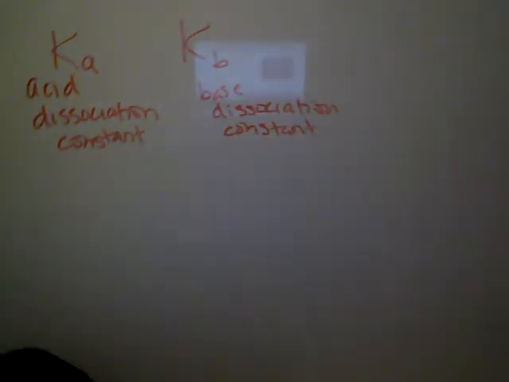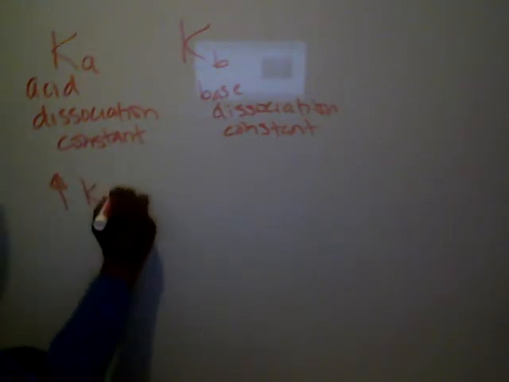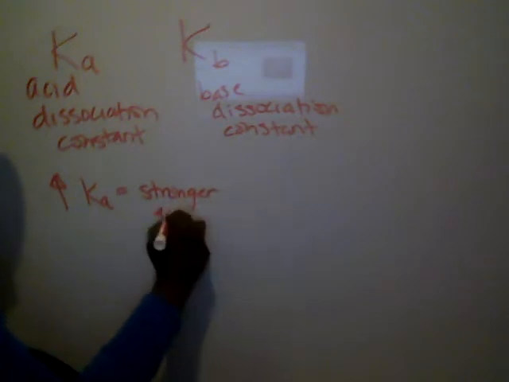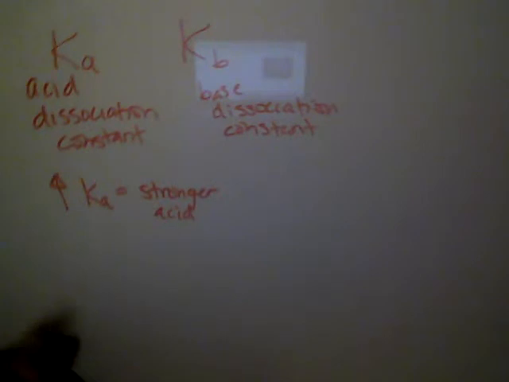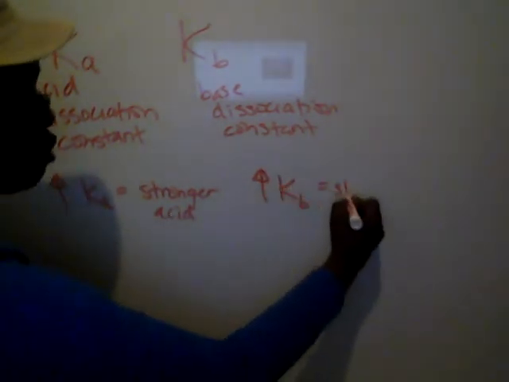The way that this works is the higher the Ka value, the stronger the acid. So the higher the Ka, that means you really want to separate, you really want to dissociate. That's what acids do, they want to break apart from each other and be separated. Same idea for Kb: the higher your Kb for bases, the stronger the base.